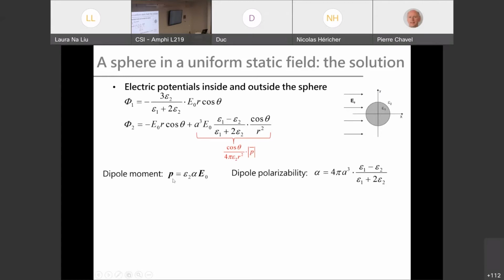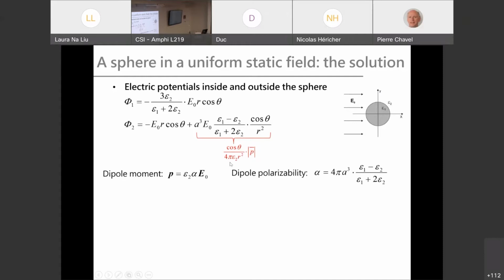If I have these two parameters defined, the second term in phi 2, the electric potential outside of my metallic nanoparticle, can be simplified into this form, which is in red. Here I have cosine theta divided by 4 pi epsilon 2 times r squared, and here is my dipole moment.